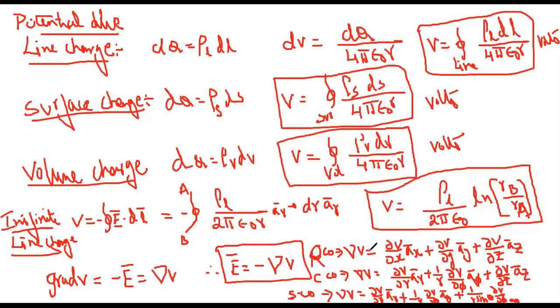What does it matter to us? This is one of the gradient, the potential and work done. And in the last class also we discussed the electric dipole. Assume a point A with charge Q and point B with charge minus Q, and the distance between A and B is D, and the point P is there.